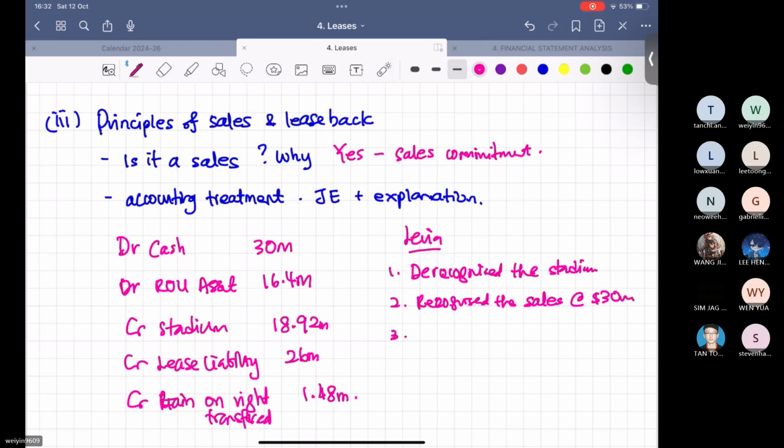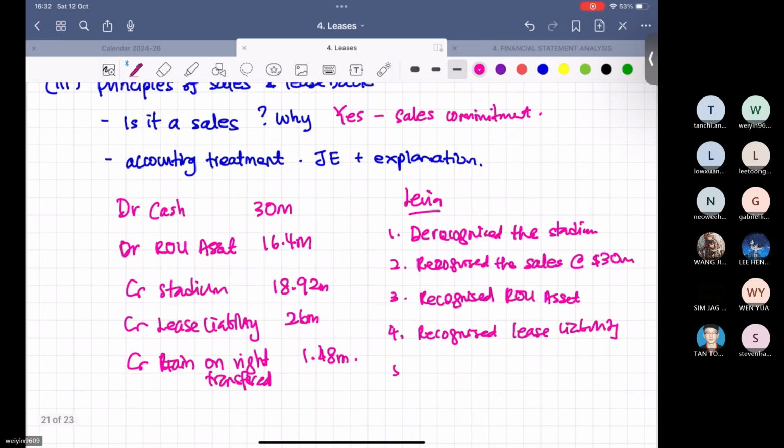Number 3, recognize the ROU asset, which is based on the proportion of the carrying amount. Number 4, recognize lease liability. And number 5, recognize gain on right of transfer.